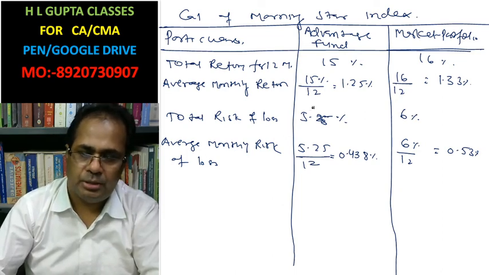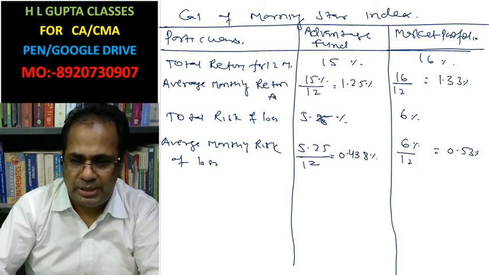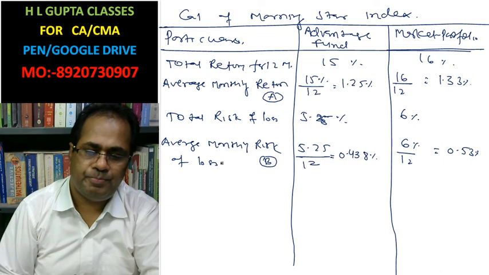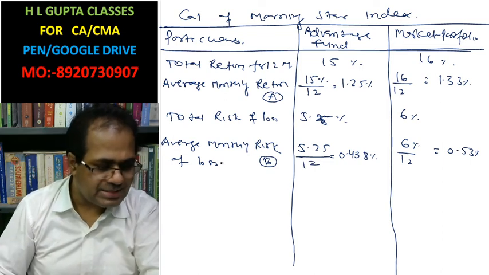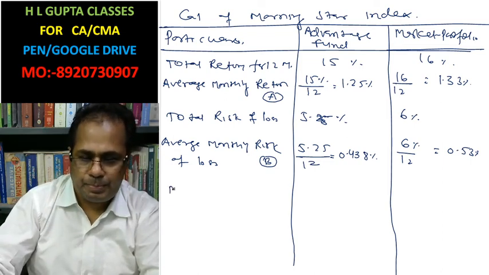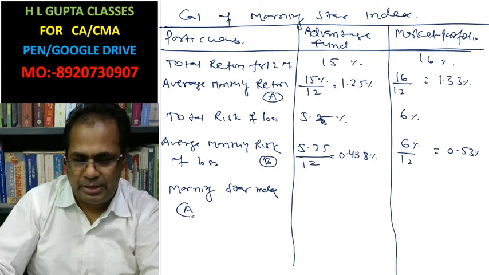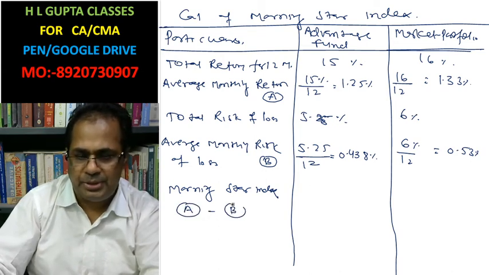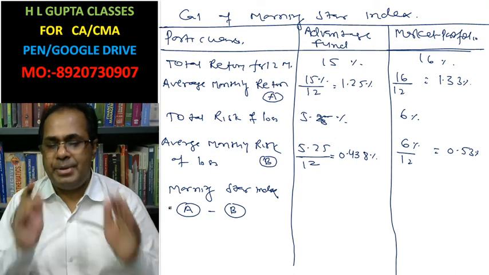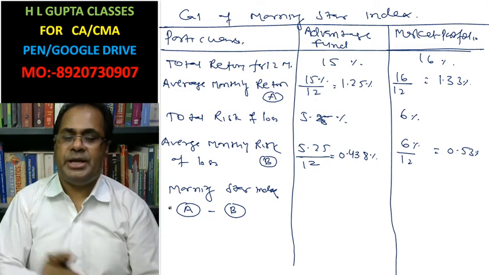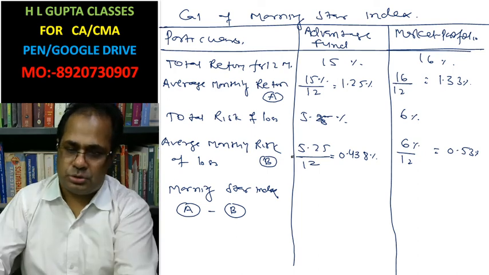Look at it. This is assumed to be A and this is assumed to be B. Morningstar index is calculated as A minus B: the average monthly return of the advantage funds minus the average risk of loss.